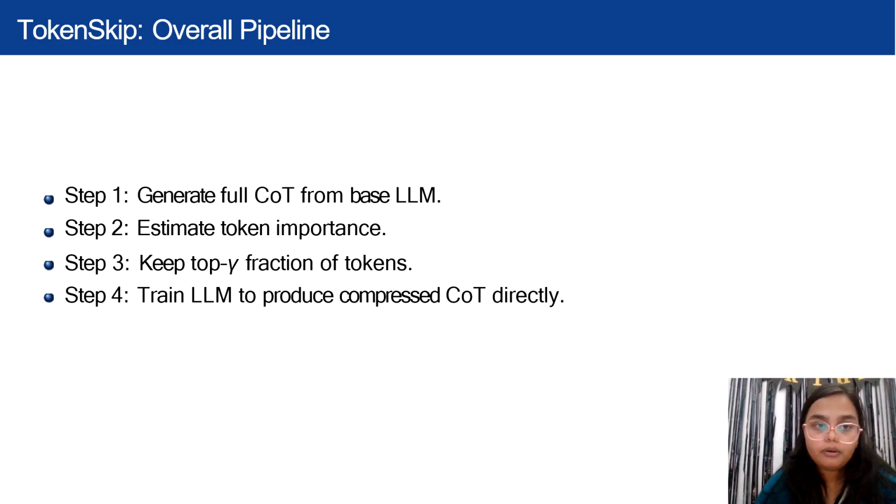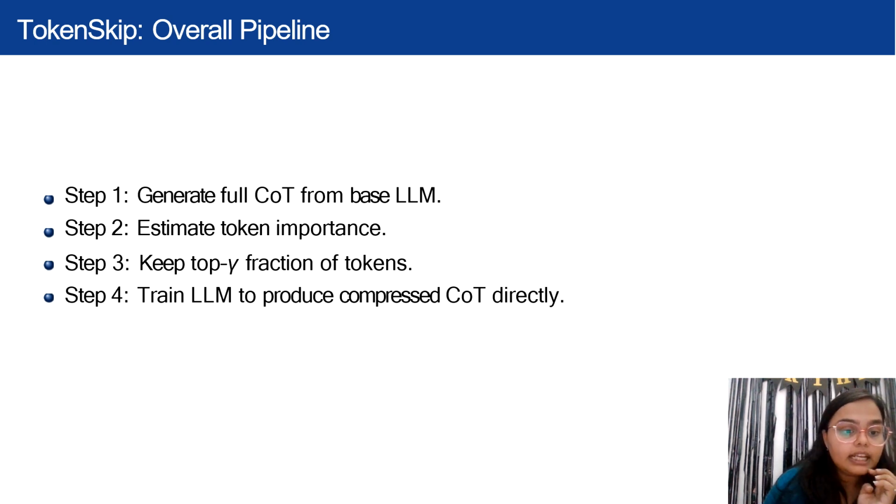Then comes the overall methodology. Here we take the standard LLM and generate the full long reasoning chain. Second step is we take a separate tool to analyze the output and estimate the importance of every single token.